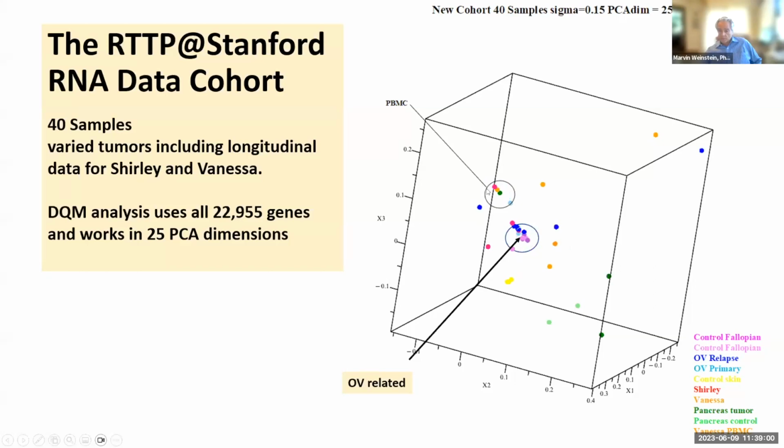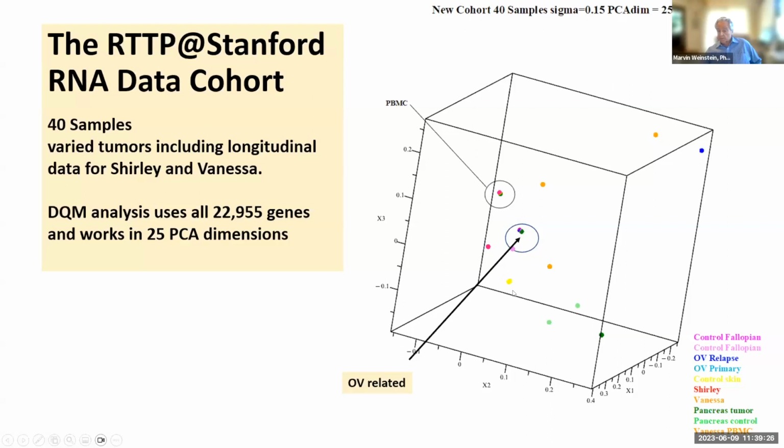These are PBMC points. These are immune system cells that were in contact with the tumors. Over here are the tumors that are related to ovarian cancer. Coming in from here, as a big surprise, is a pancreatic tumor that was in the data set.